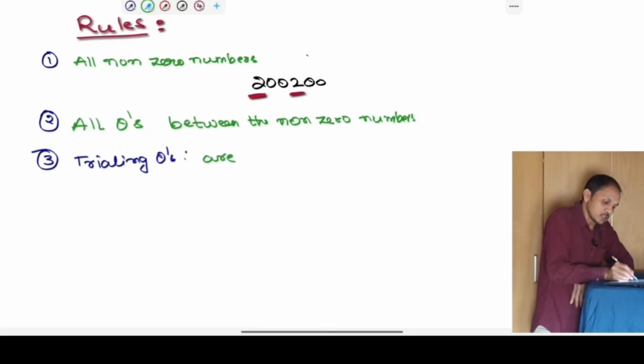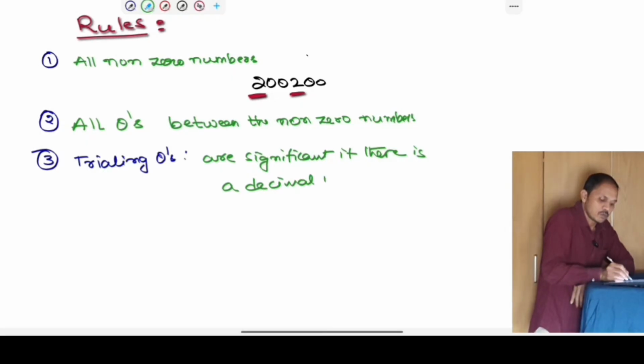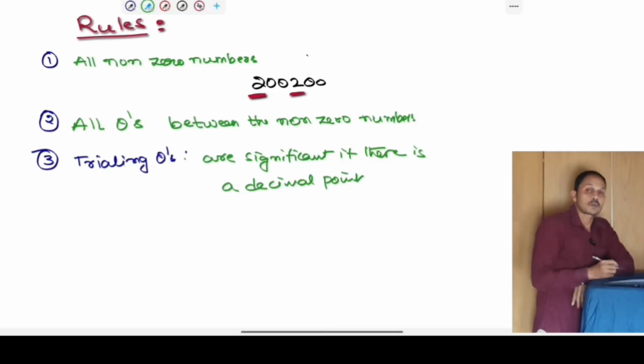They are significant if there is a decimal point. Okay, and what if there is no decimal point? If there is no decimal point, they are not significant.